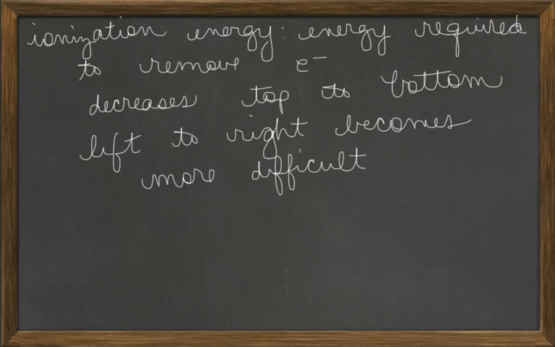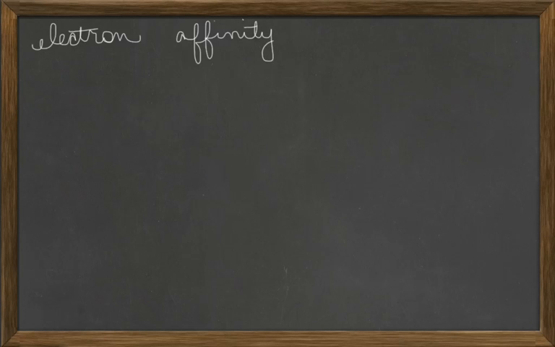And the last trend that we'll consider is electron affinity. Electron affinity can sort of be thought of as the opposite of ionization energy. In ionization energy, we're removing an electron. Electron affinity is the energy change when an electron is added.